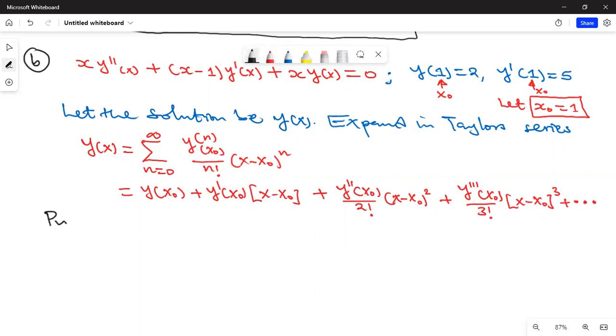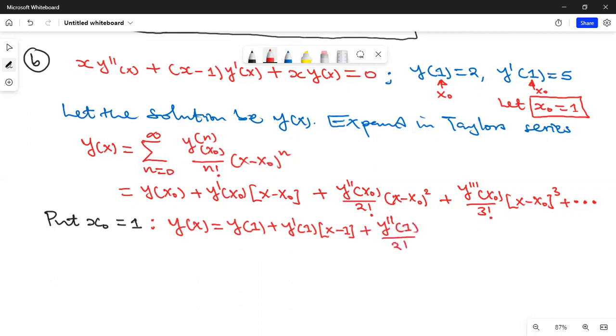So you can write here, put x naught equals 1, so that we are going to get y of x is equal to y of 1 plus y prime of 1 times (x minus 1), plus y double prime of 1 over 2 factorial times (x minus 1) squared, plus y third prime of 1 over 3 factorial times (x minus 1) cubed, plus so many other terms.